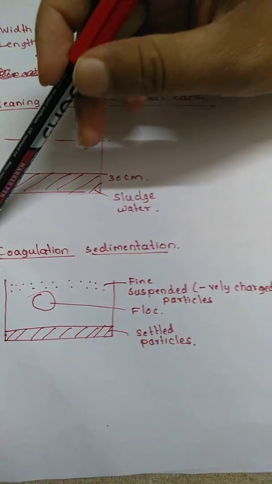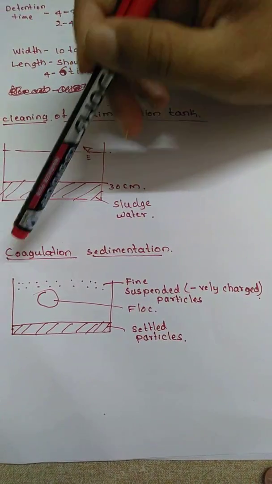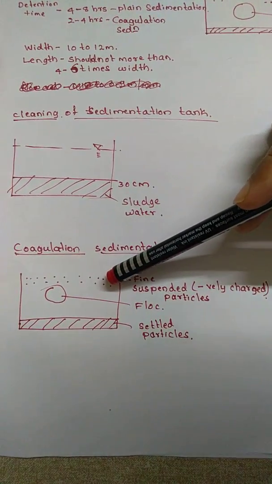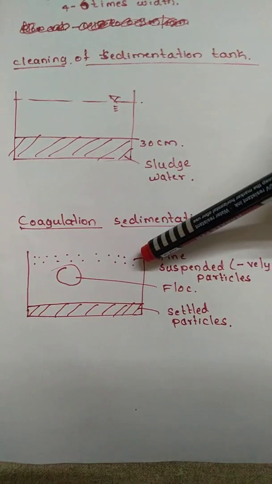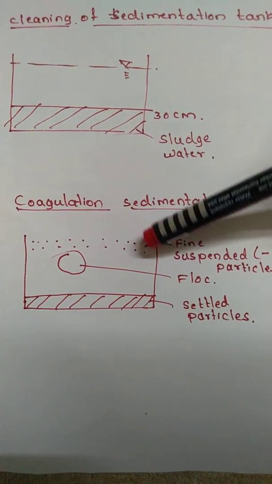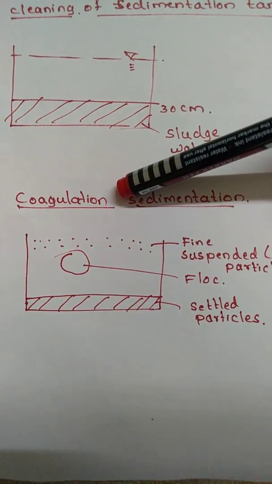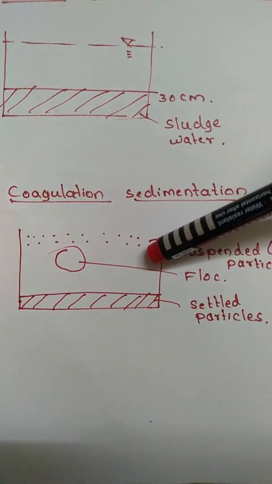Now we should understand what coagulation is. These suspended particles in the water are not going to settle down by their own weight. In order to settle them, we need to add certain chemicals such as alum, chlorinated copperas, and similar chemicals.